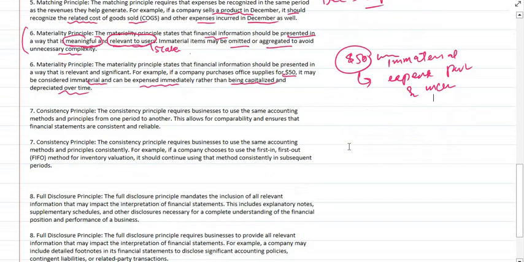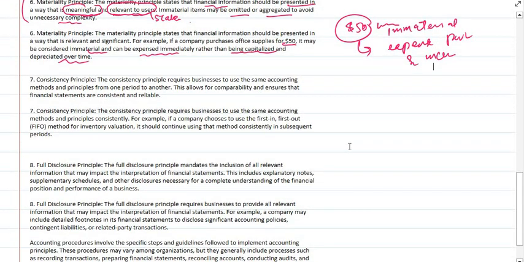Now let's move on. We have another concept, and that is the consistency principle. The consistency principle requires businesses to use the same accounting methods and principles from one period to another, and this allows comparability and ensures that financial statements are consistent and reliable. Let's say we have this one accounting period and this one accounting period.